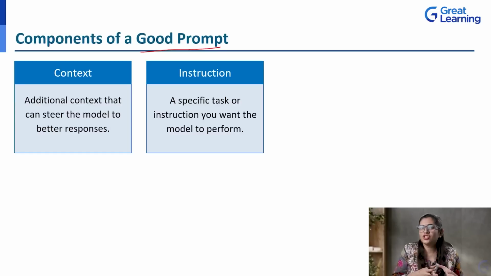Context is additional information that you want to provide to your model. Instruction is a specific task that you want your model to perform. For example, if you want to summarize some text, that is your instruction. Summarize this text. Context is why you want to summarize. What is the outcome you want to achieve?